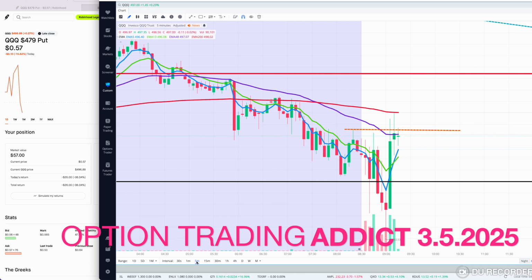So we got some sellers at this level up here. We got buyers down below. That's what I've been taught over the years. Obviously there's a level of resistance up here, and there's obviously a level of support down here in this area. So once again, I've gotten stuck in consolidation.